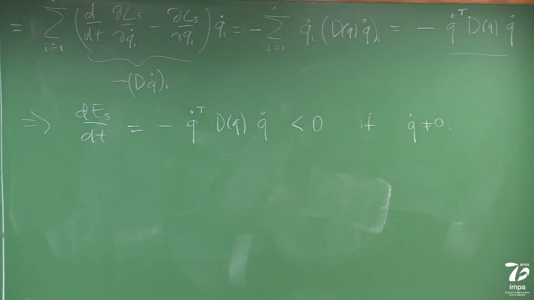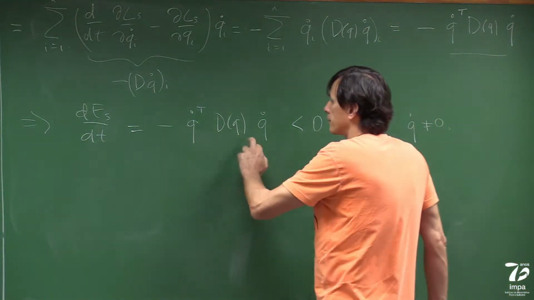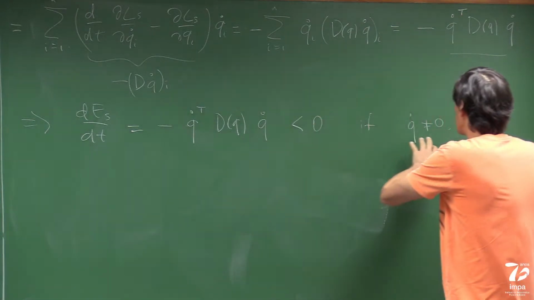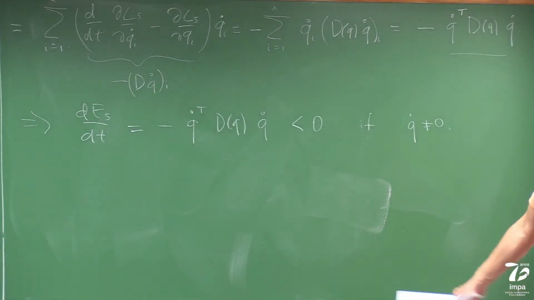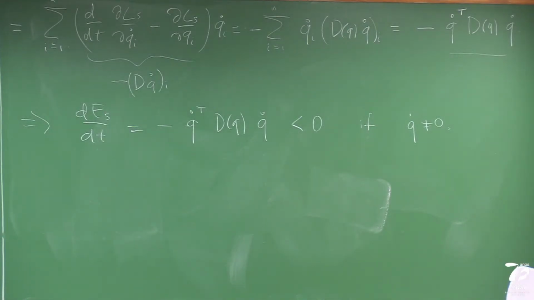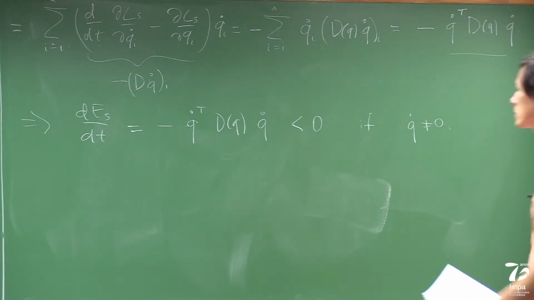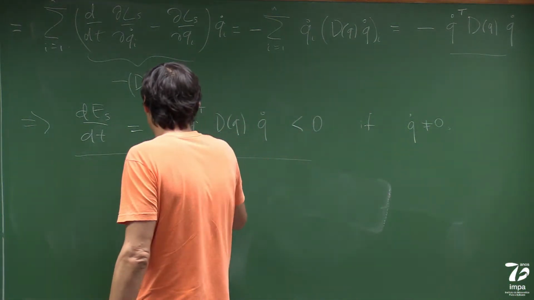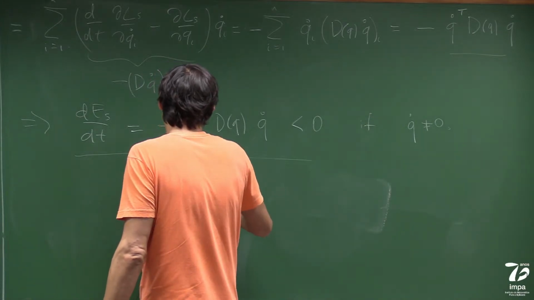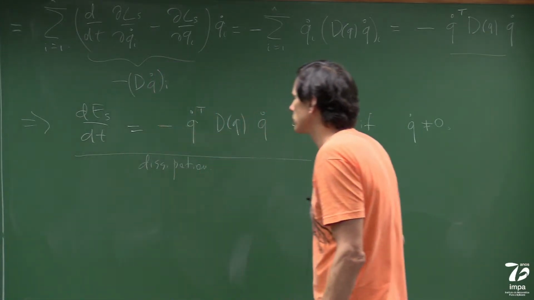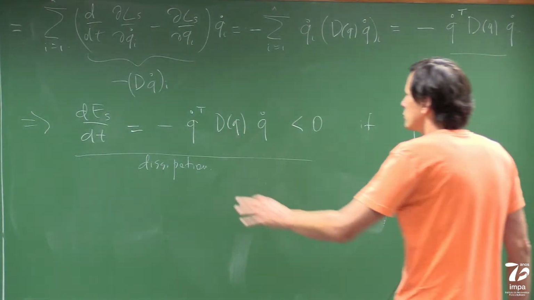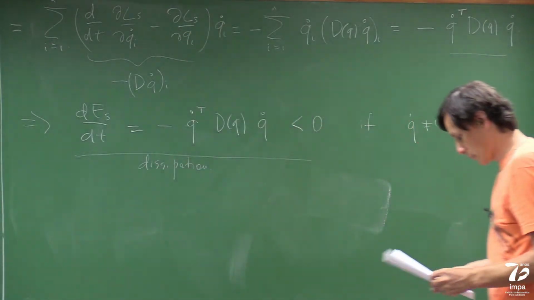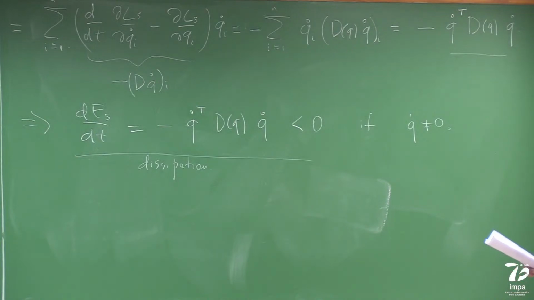So the change of energy is always negative, unless there is no motion. So whatever motion the system does, there is always friction. So that's the condition of positive definiteness of the matrix D. So this is what's called dissipation. So the system always loses the energy, which goes to the rest of the degrees of freedom.